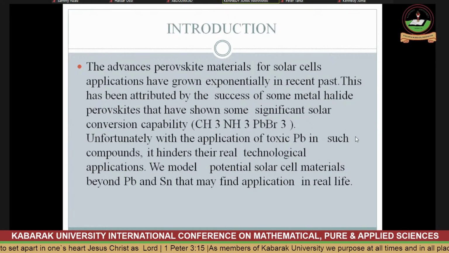The advances of perovskite materials for solar cell applications have grown exponentially in the recent past. This is attributed to the success of some of the metal halide perovskites that have shown significant solar conversion capability.